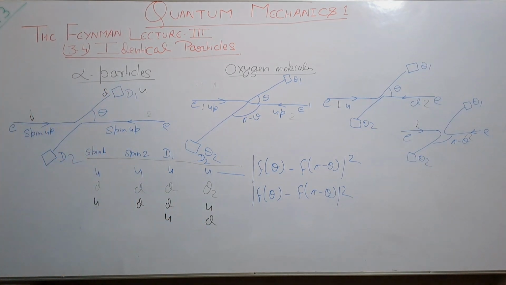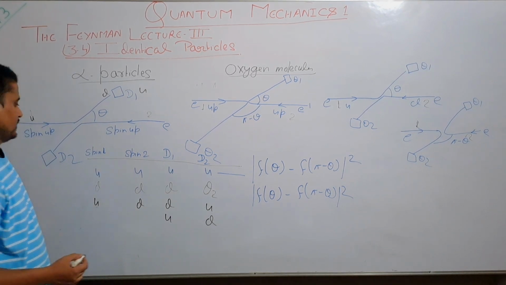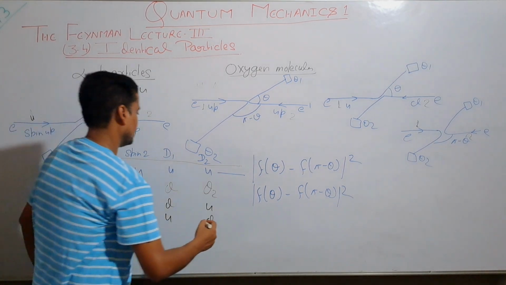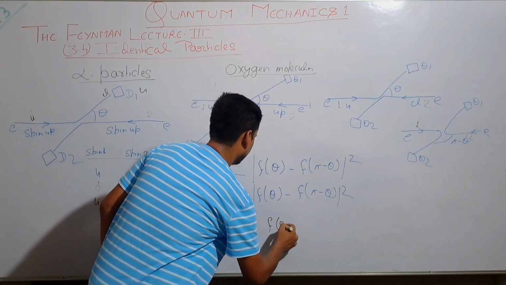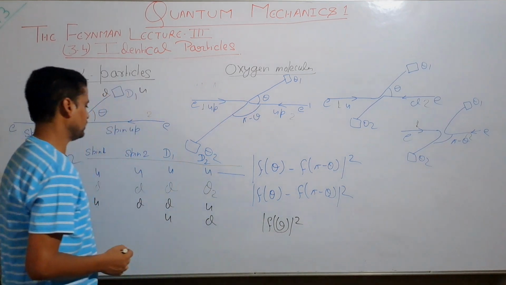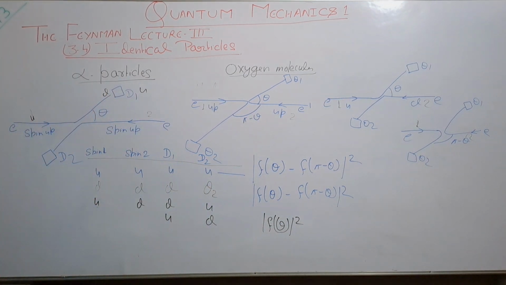So what will be the probability of getting a certain particle? In that case, if there is no change in spin, then we can say f(theta) squared.